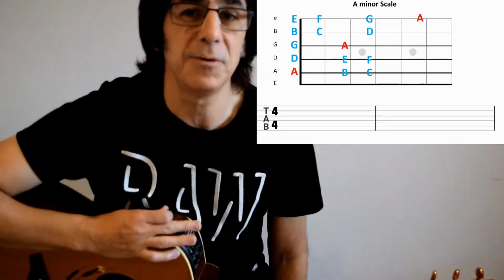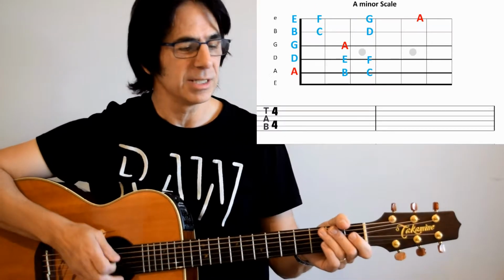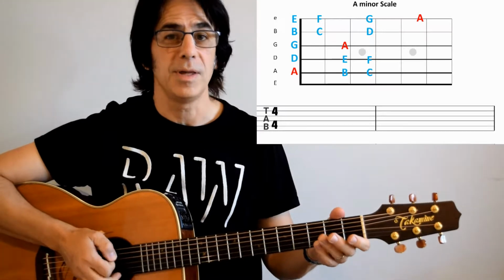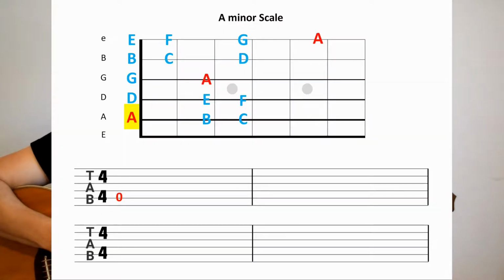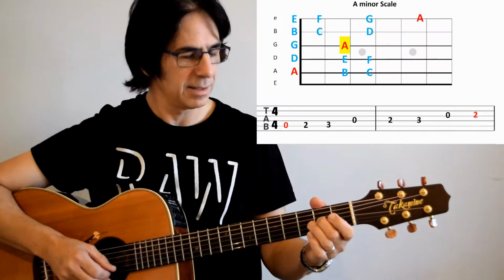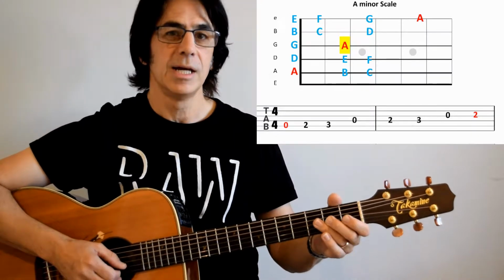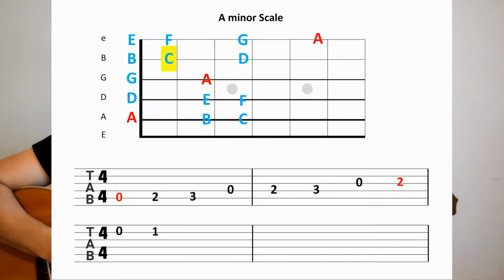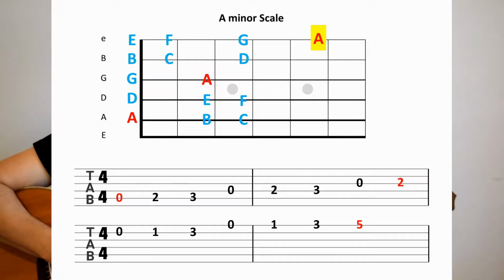So we're going to start on the A note and build up the A minor scale. We're going to go A, B, C, D, E, F, G, A. From there we're going to add another octave just to make this more interesting. So from A we're going to go to B, C, D, E, F, G and A again. Okay, that's 2 octaves of A minor.